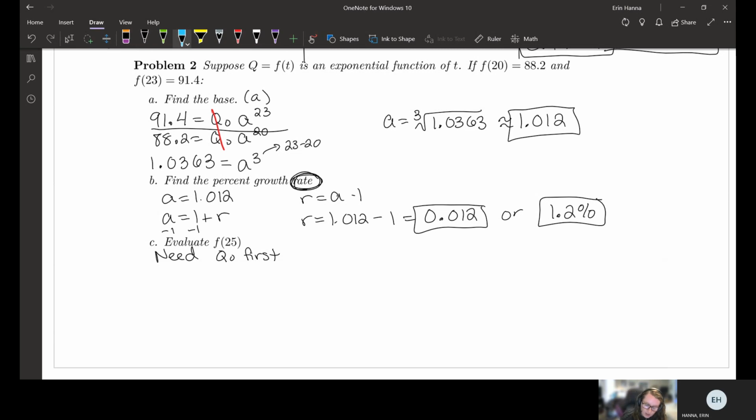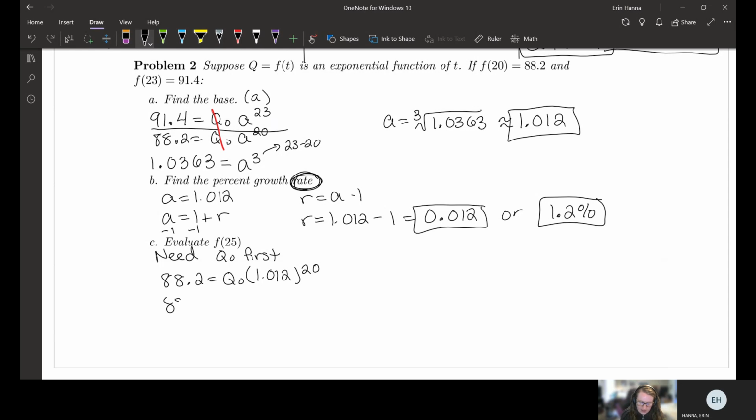Well, that is when we take whichever one of these two equations makes us happier. We use the A value that we found to solve for Q naught. I'm going to use the one that involves the 20th power. So I would personally pick 88.2 equals Q naught times 1.012 to the 20th.